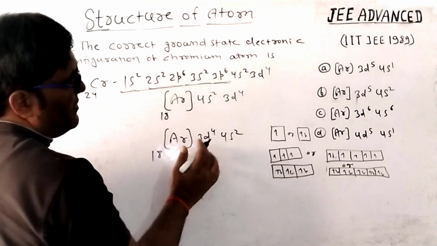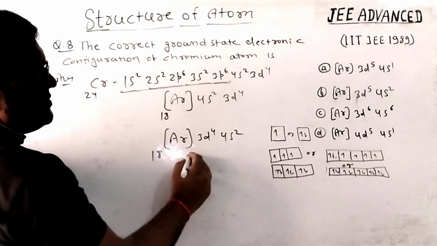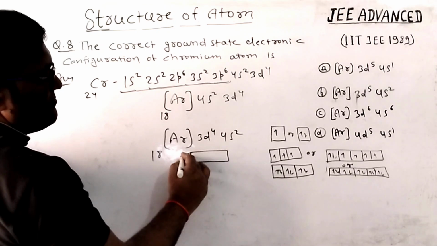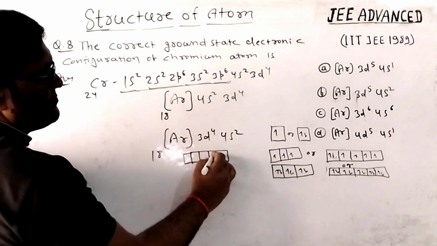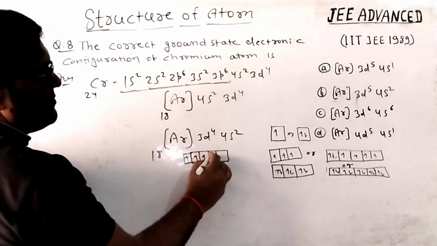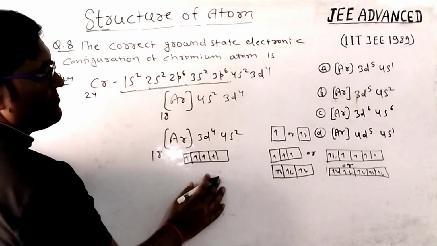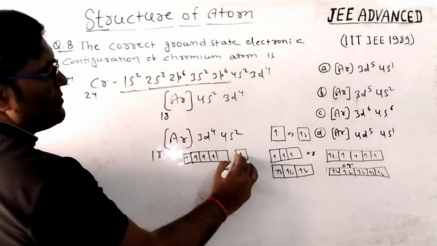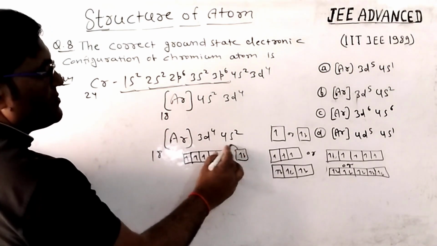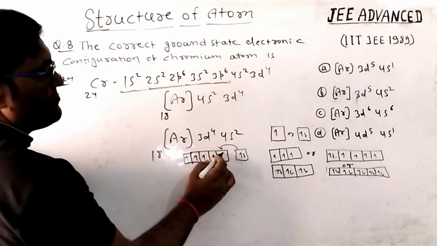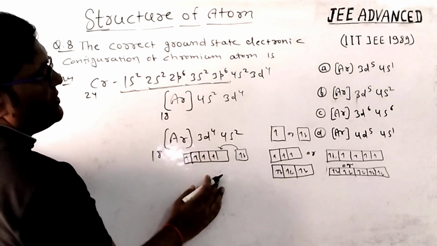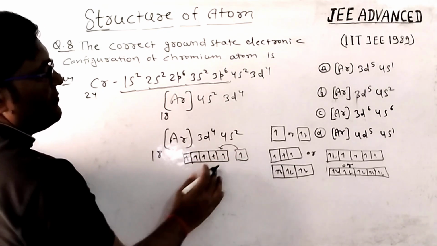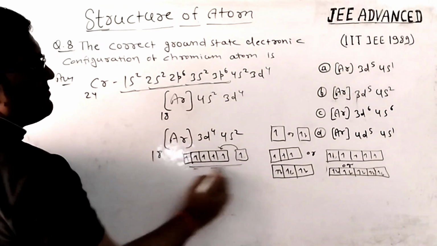But here 3d4 is unstable due to absence of one unpaired electron. Okay. Now situation is this. Now one electron shifted from 4s2 to this orbital. Now we can observe a stable configuration.